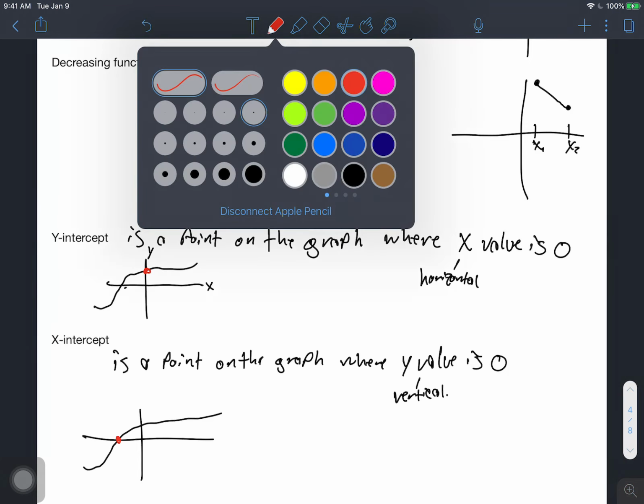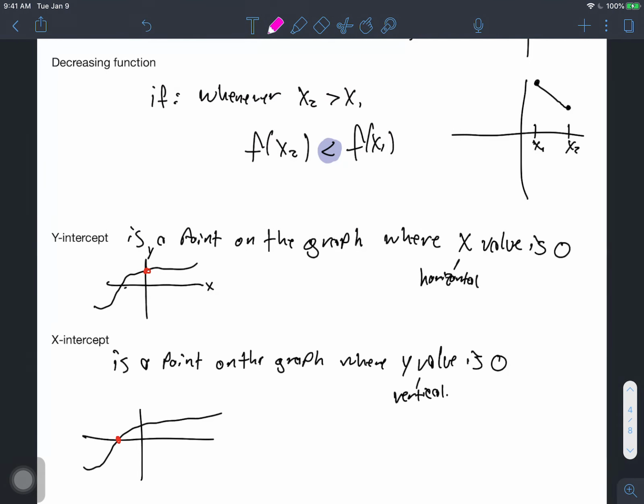In the book and in the homework, you'll hear them describe the y-intercept as a, quote, vertical intercept, and the x-intercept they'll call a horizontal intercept. So if we have a vertical intercept, that means that our horizontal value is 0.